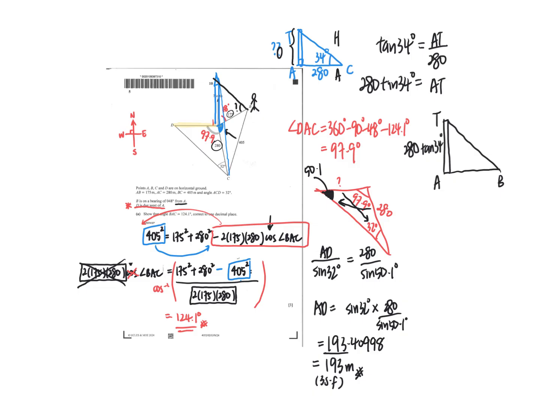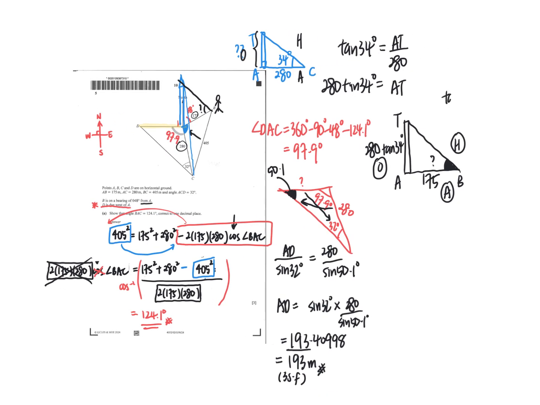I just don't know what this angle is. They want me to find this. And I know AB is 175. So to find that angle again, use H, A and O, so use tangent. Let this be theta. So O over A. So go and tangent inverse your answer.